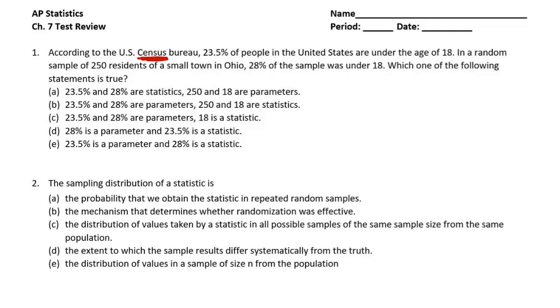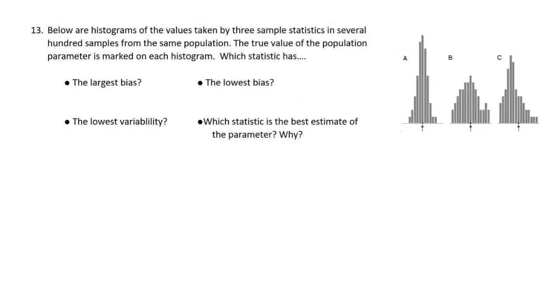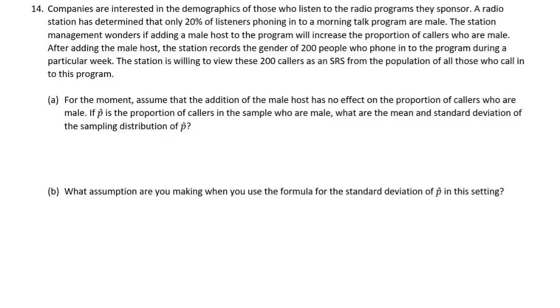All right, let's go look at 14C. So here's where I have 14. I'm going to read the question stem and then we'll go look at part C. Companies are interested in the demographics of those who listen to the radio programs they sponsor.